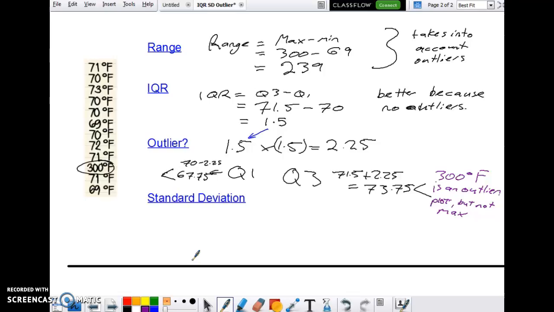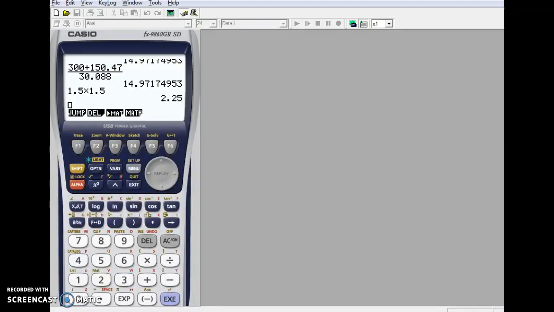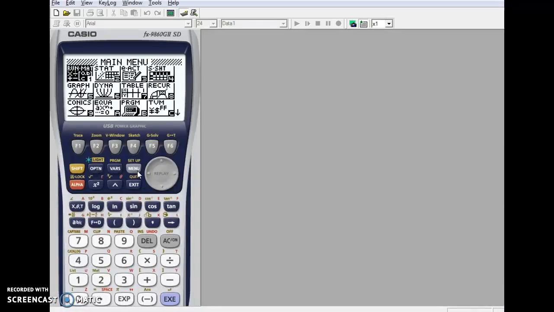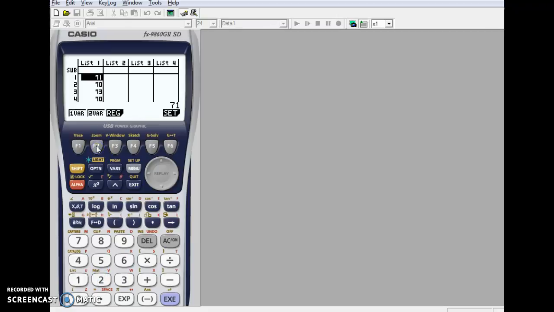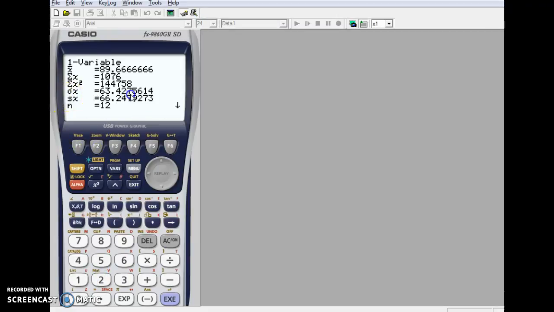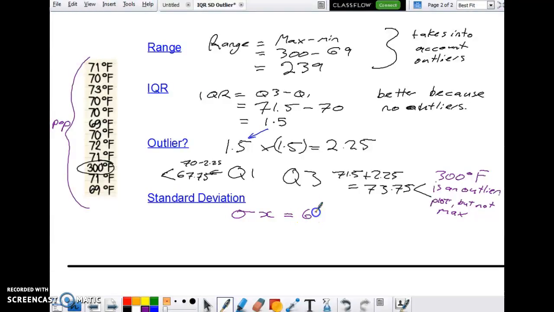We're going to assume that this is a population, so we have all of the numbers, so we're going to use this one. And we'll just read it off. Here we go. Menu, stat, calc, 1 bar, this guy here, 63.427. So standard deviation is 63.427.